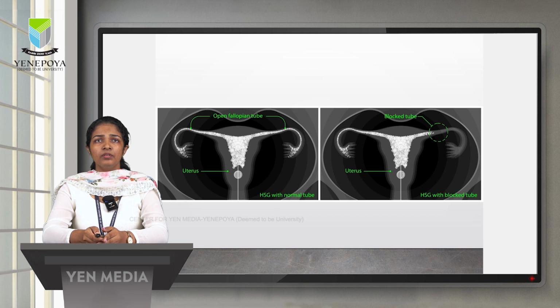So this is the image which shows, the first image shows the HSG with normal fallopian tubes, and the second image shows the HSG with a blocked tube, that is on the left side the fallopian tube has been blocked, so the contrast does not flow.